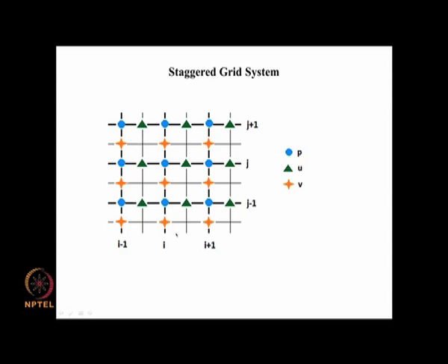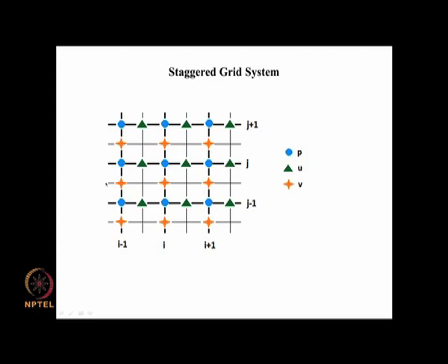So, in this staggered grid, pressure is evaluated at the intersection of i comma j, u is evaluated at the intersection of i plus half comma j, and v is evaluated at the intersection of i, j plus half.